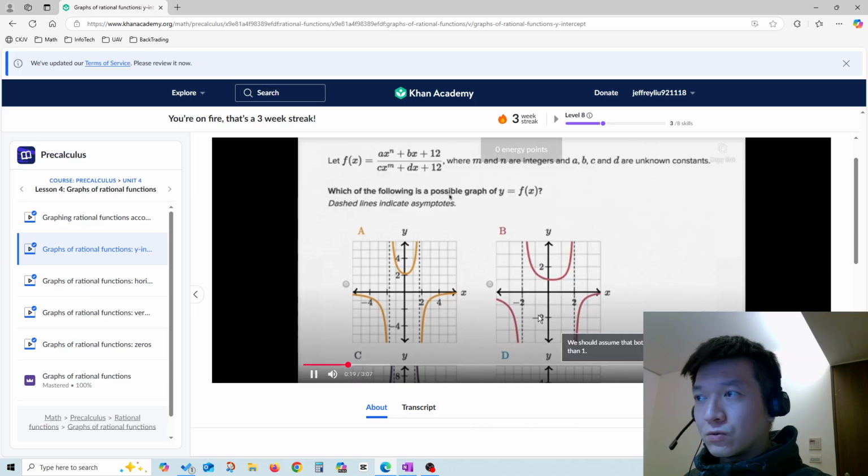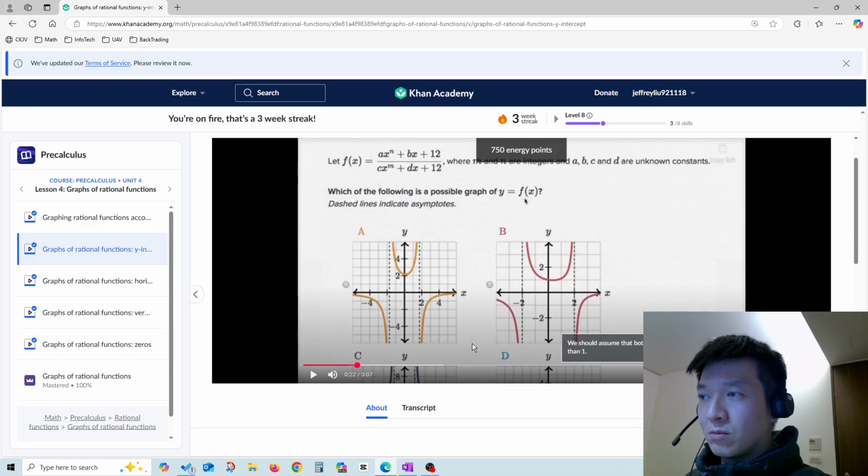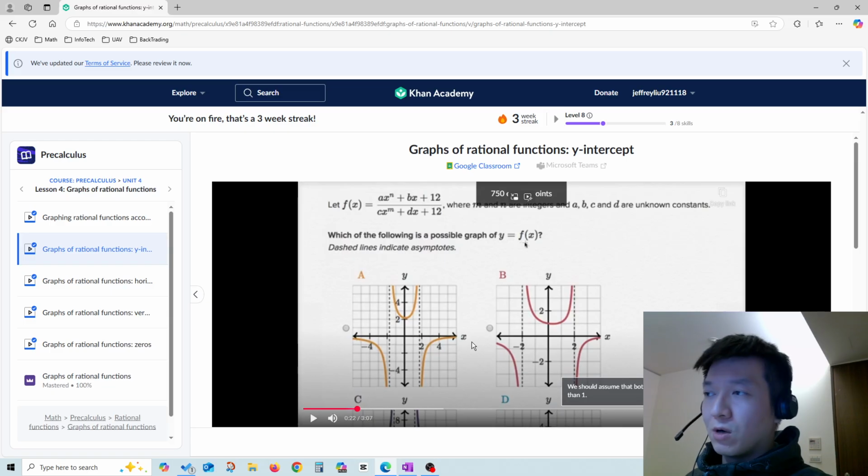So we're gonna draw, okay, this is like the other type of question. This is asking you, without having to know the full picture of the function, you're supposed to guess the most possible one out of the 4.